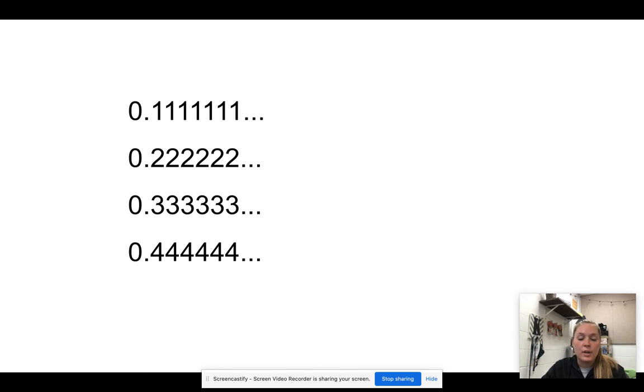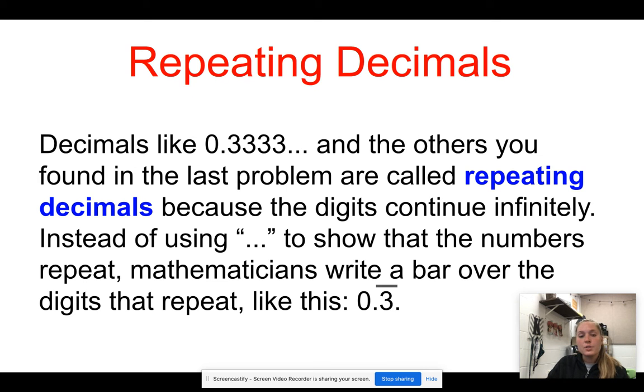So it's the numerator continuing on your calculator. So 1/9 would have been 0.11111 and so forth. So these are all repeating decimals. Repeating decimals are called repeating decimals because they repeat indefinitely.